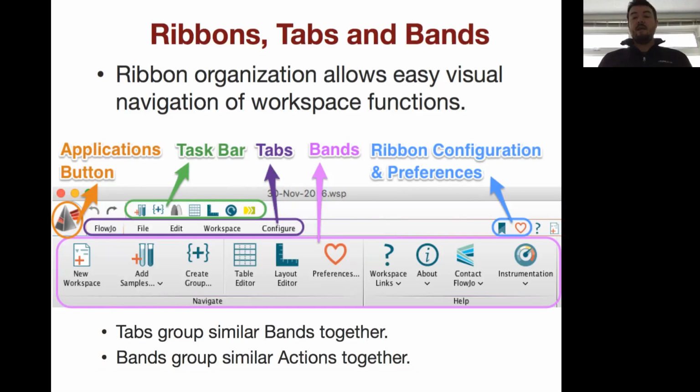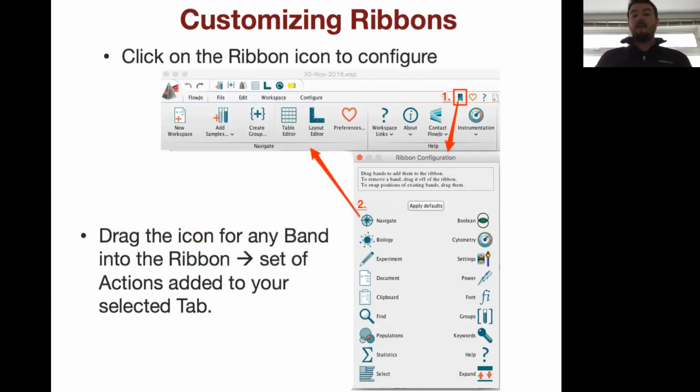In order to customize the ribbon, as I just mentioned, you'll click on that little ribbon configuration button, which will open up the ribbon configuration dialog, where you can drag the various actions into tabs within FlowJo's workspace. And in that way, you can actually customize the ribbons that are contained in every tab within the workspace.